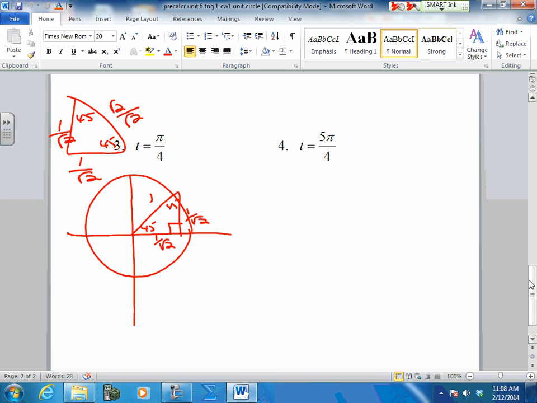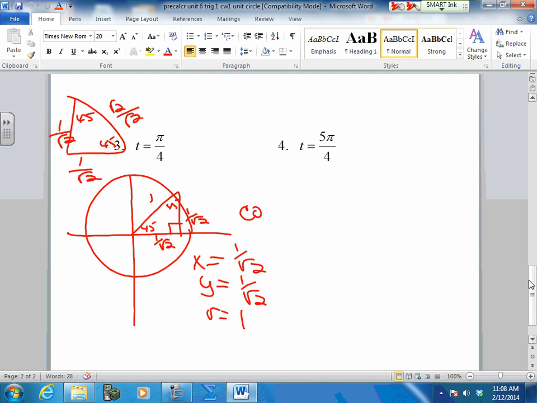We want to put it on the unit circle. If I didn't say unit circle, you can just do this one and do x, y, and r. But today we're just doing unit circle. Now, what's x? What's the value of x? What's the value of y? What's the value of r?